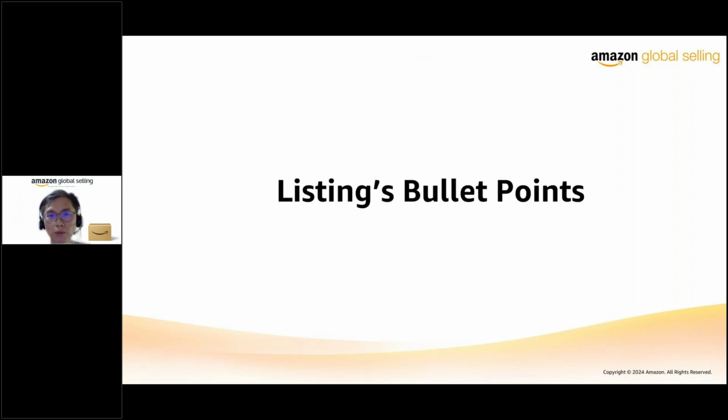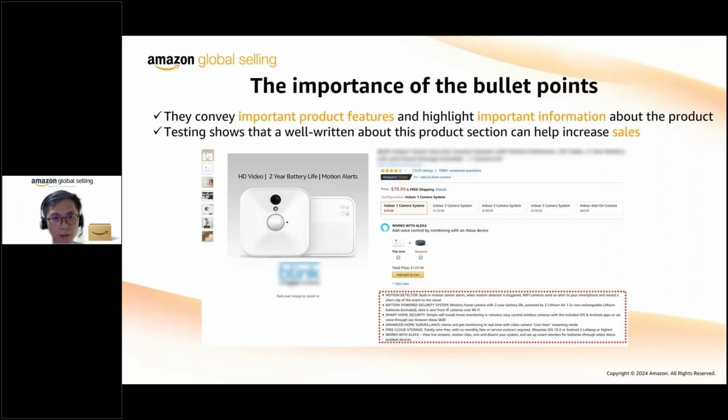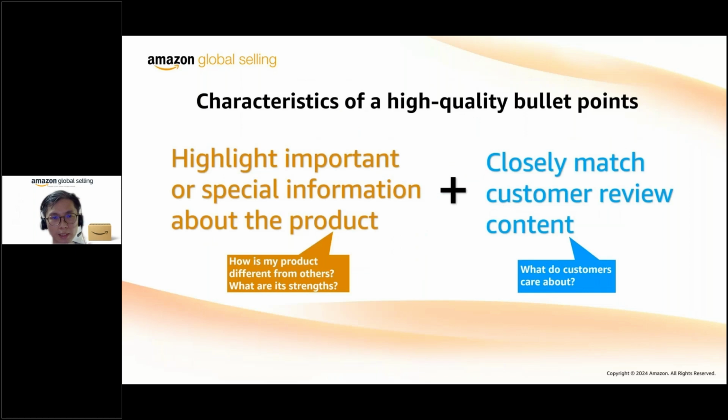The next one I want to go on to is, as you go further down your product listing, another part you should focus on is the bullet points. The bullet points should ideally convey the most important features of your product, right? Here are some examples and tips.